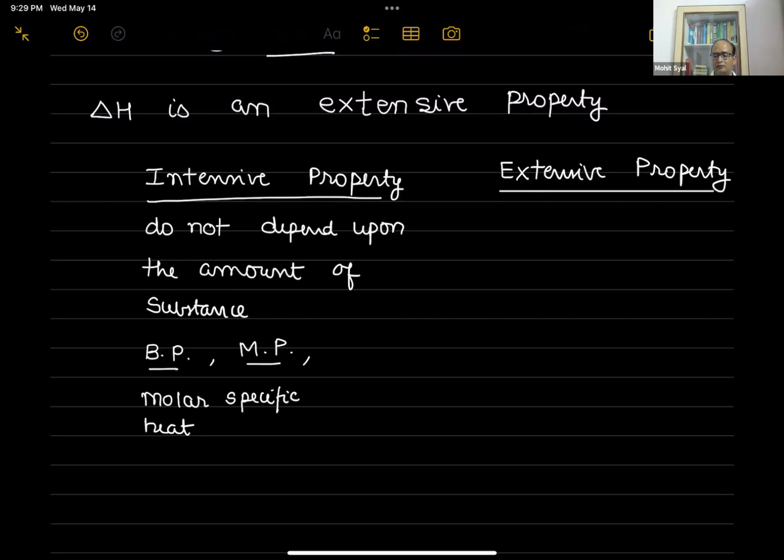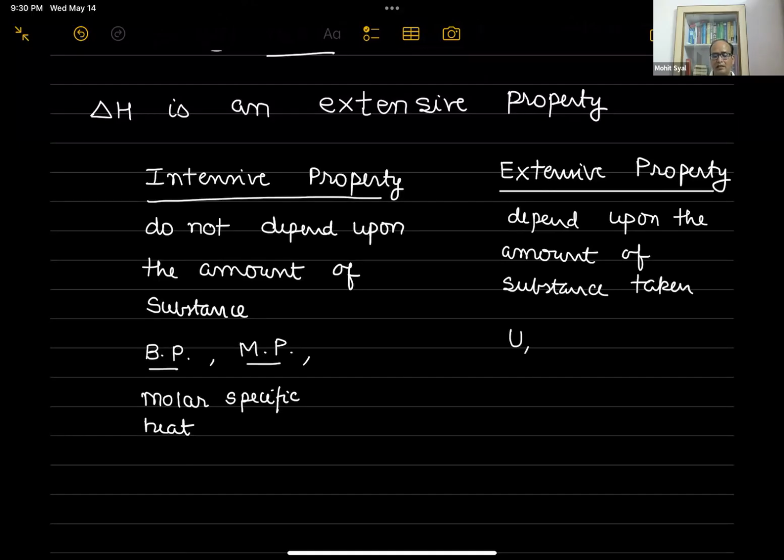Extensive properties depend upon the amount of substance taken. Examples: internal energy, enthalpy.